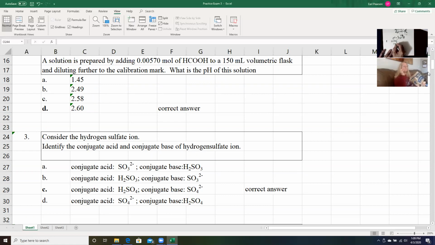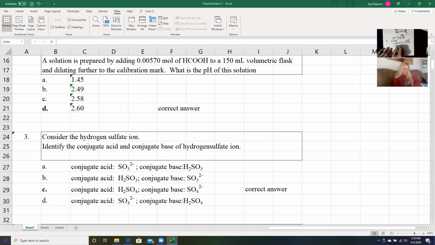Okay. The conjugate acid is going to be what you get when you add an H plus to this. Adding an H plus to this is going to give me H2SO4 is the conjugate acid. Now, if I'm taking a test, I'm going to look and eliminate answer A and D right now, because only B and C have the correct conjugate acid.